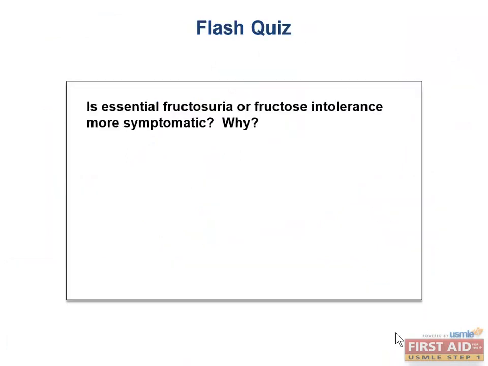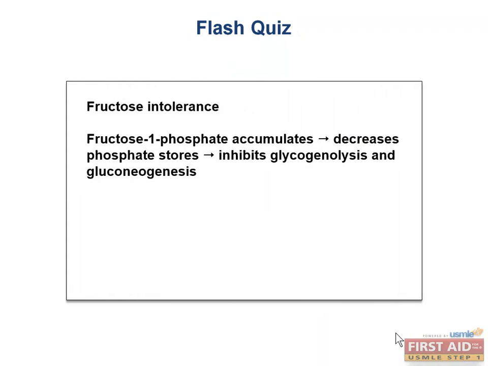Quick question for you. Is essential fructosuria or fructose intolerance more symptomatic, and why? Give you a second to think about it. 50-50 chance. Take a guess, and hopefully you guessed fructose intolerance. Fructose intolerance is worse since you have a deficiency in aldolase B. Remember, that's the enzyme in fructose intolerance.